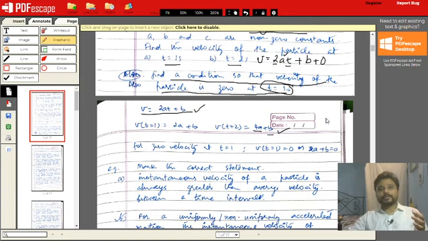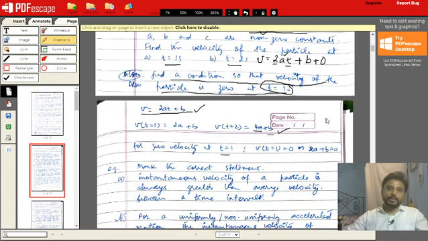When the question says that the particle ceases its motion, it means that the particle stops moving at that instant, or the velocity of the particle becomes 0. So for 0 velocity at t equal to 1, we put what we obtained, 2a plus b, the velocity at t equal to 1, to be 0. So this is the condition which we require.